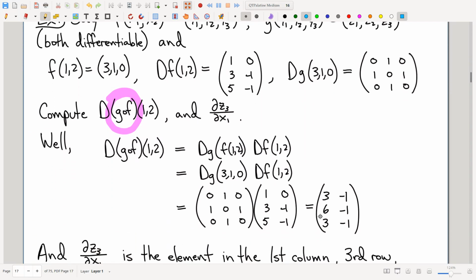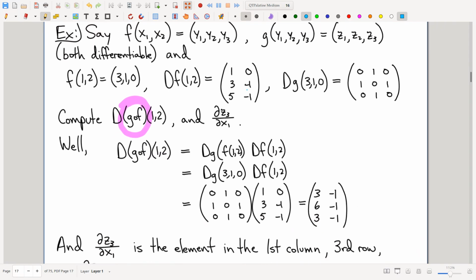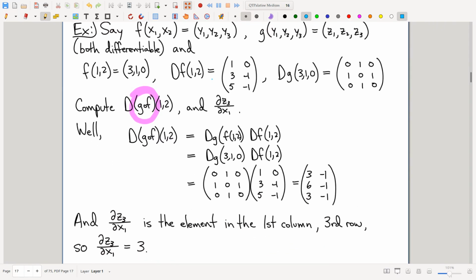Yeah, so let's look at the second part of the question now. Second part of the question says what is this particular partial derivative. Notice it says partial with respect to x1. There's x1. It's specifically the partial of z3. There's z3.